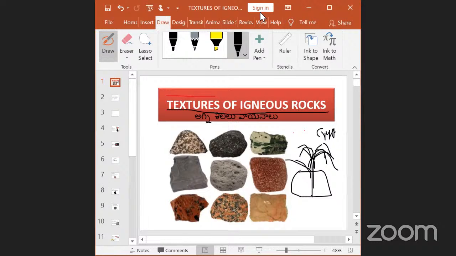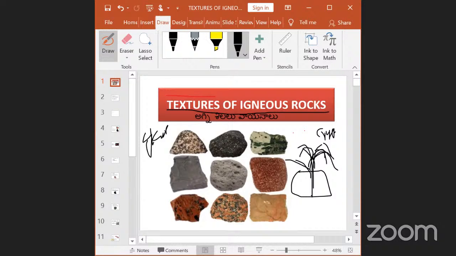Under such conditions, the formation of crystals is not favored. As a result, the remaining liquid solidifies into a mass which is not crystalline. This non-crystalline igneous material is called glass.